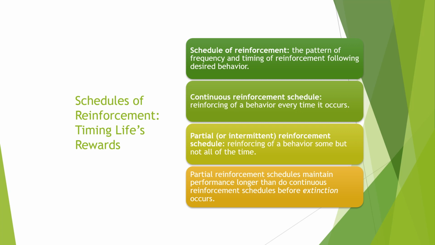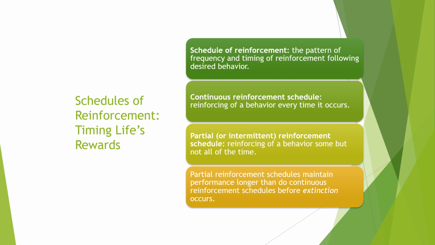If you are on a continuous reinforcement schedule, that means that you reinforce the behavior every single time that it occurs. If you are on a partial reinforcement schedule, that means you reinforce a behavior sometimes, but not all of the time. So continuous is that you get reinforced every single time.